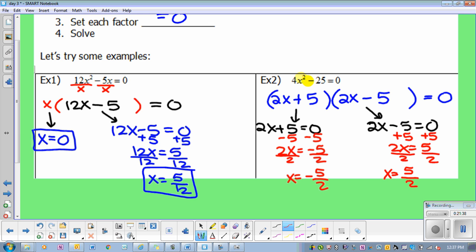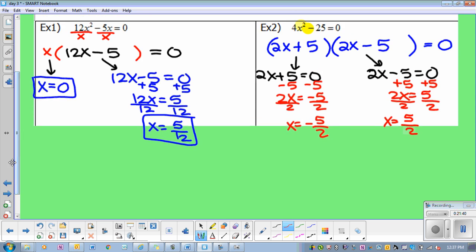And before you guys turn the page, hold on, you know what I want to do, actually, now that I think about it? These are my answers, but can we start getting into the habit of putting them into solution sets? In the solution sets, we always want to put it in order from least to greatest.